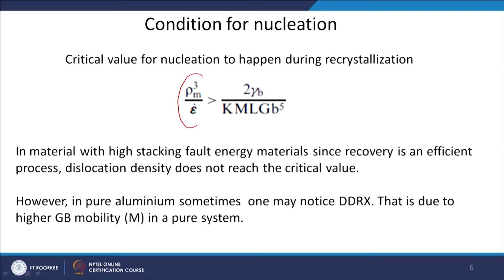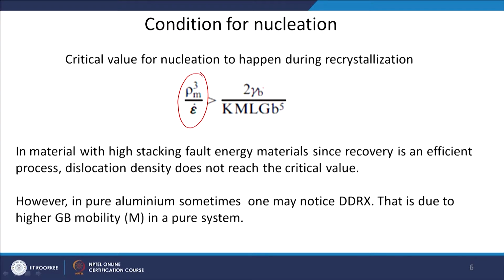Now, what is the condition for nucleation? The critical value for nucleation to happen during recrystallization is this particular ratio: the dislocation density in the matrix raised to the cube divided by the strain rate. This value should be more than a combination of material properties.